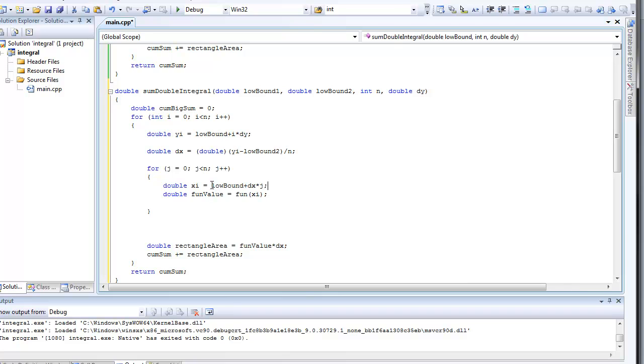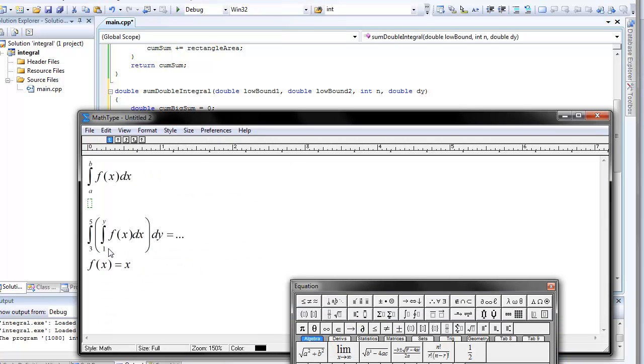So we are moving from the low bound, and it's low bound 2 for the inner integral, so we are moving from the lower bound here to the iterated y.